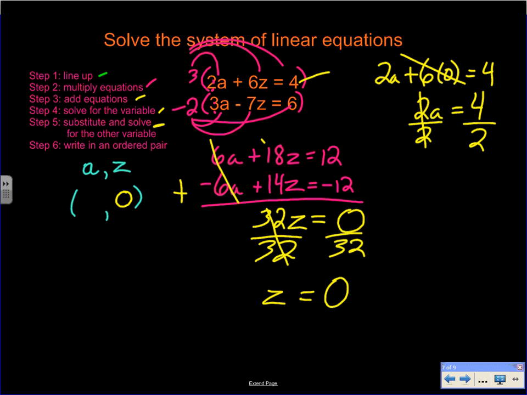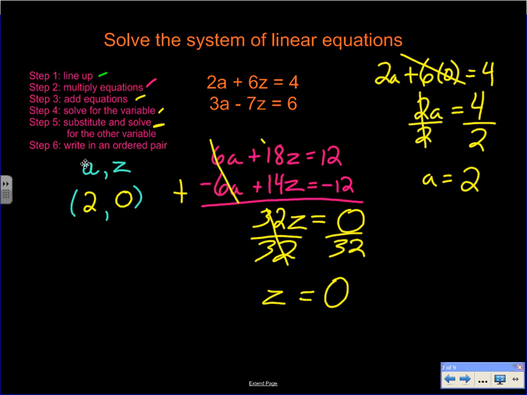Cancel out the 2 in front of a. a is equal to 4 divided by 2. It's 2. Oh, we haven't done step number 6. Write in an ordered pair. a is 2. So, if we look at these two equations, that system of equations intersects at 2, 0.